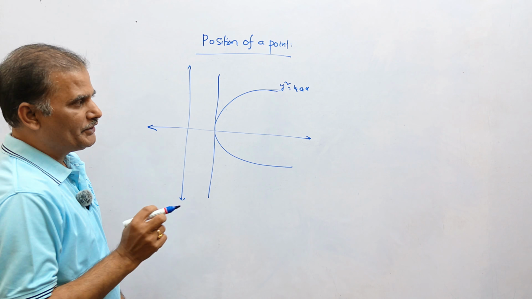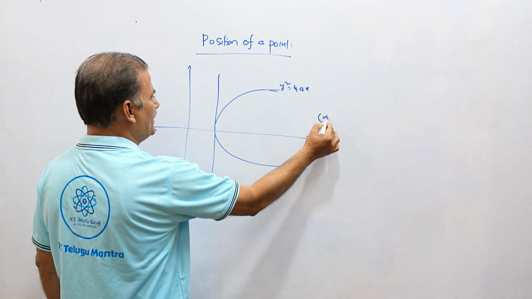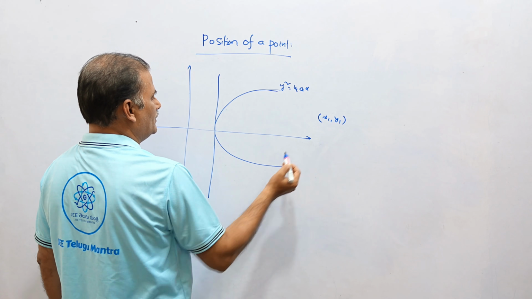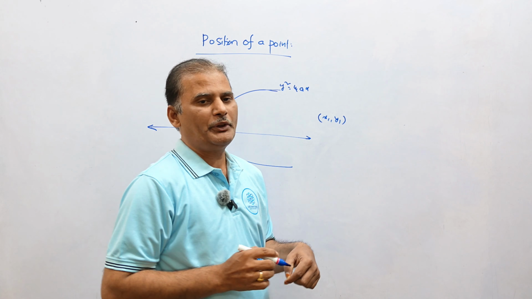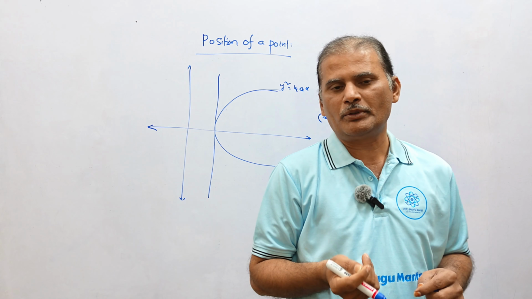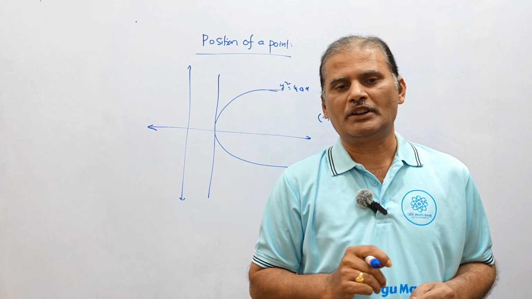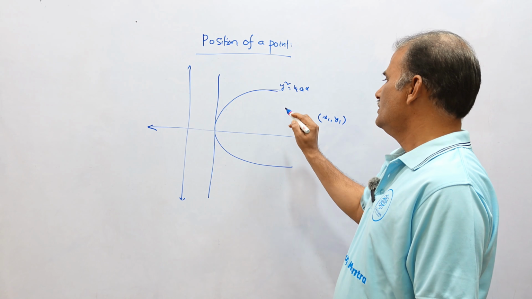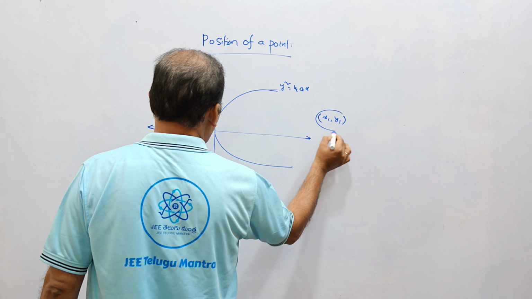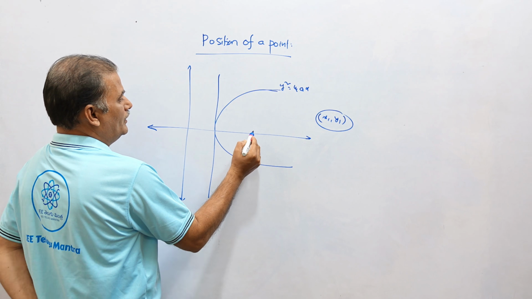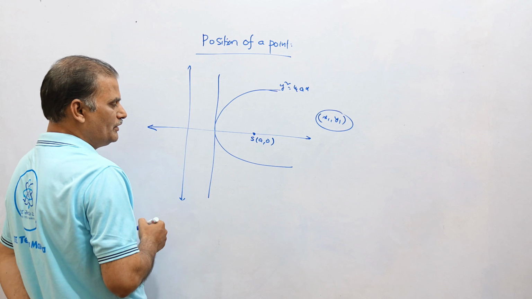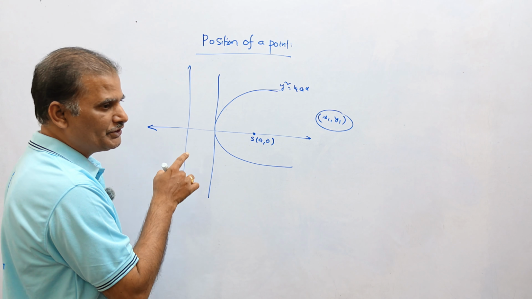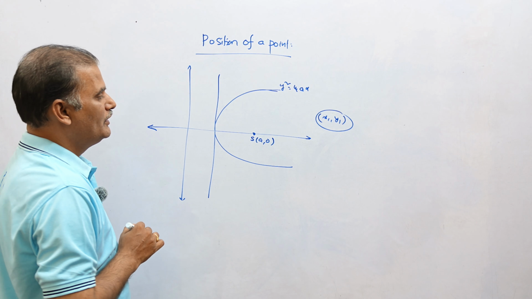If I take one point x1 comma y1, how can I know that this point is inside the parabola, outside the parabola or on the parabola? The focus S is equal to a comma 0, always an interior point of the parabola.